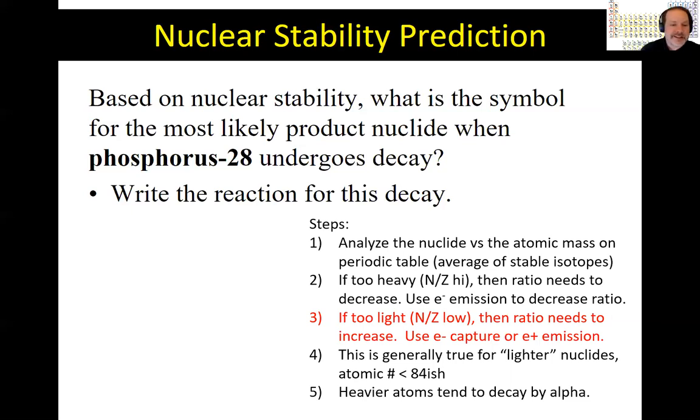Well, here's how you would write it. Phosphorus-28 has an atomic number of 15, and it is lighter than phosphorus on the periodic table. Phosphorus on the periodic table has an average mass of 31, which is heavier than phosphorus-28. What we can gather from the atomic mass on the periodic table is that the average masses indicate where stability is.